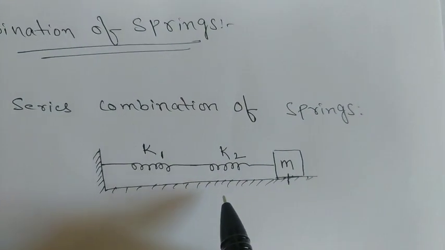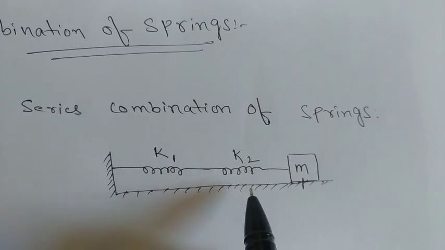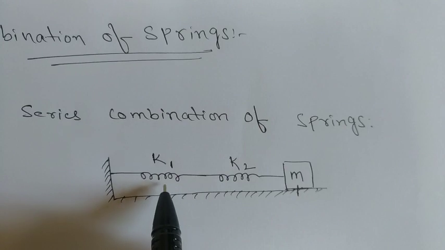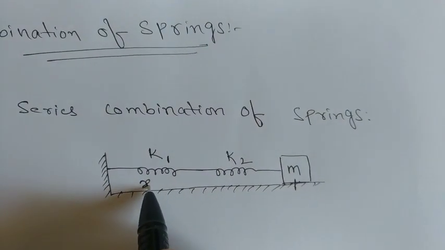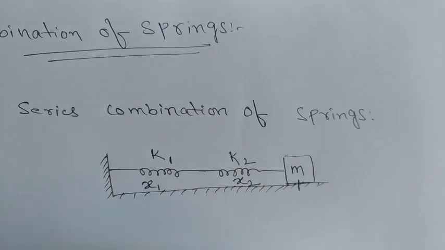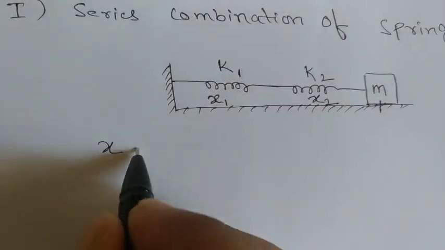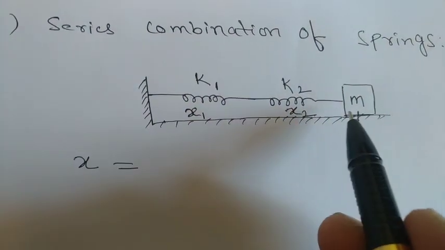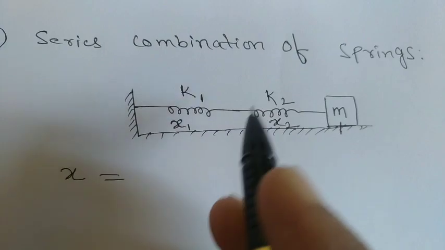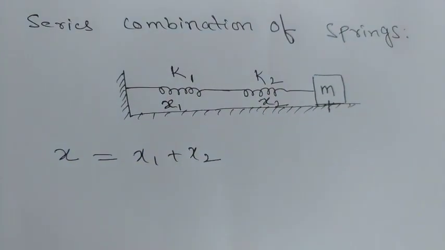In this series combination, the extensions in the springs are different. Let the extension in the first spring be x1 and the extension in the second spring be x2. The total extension in the system connected in series is x = x1 + x2.